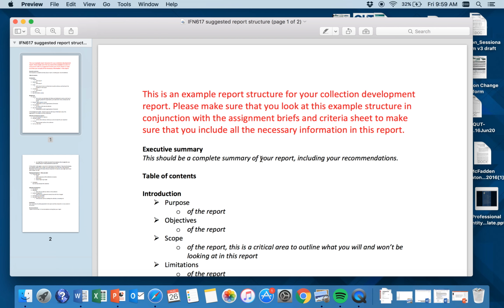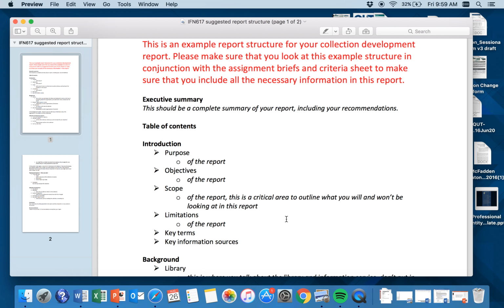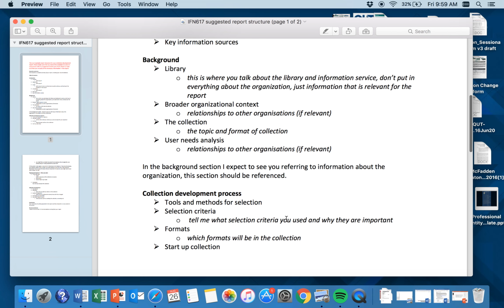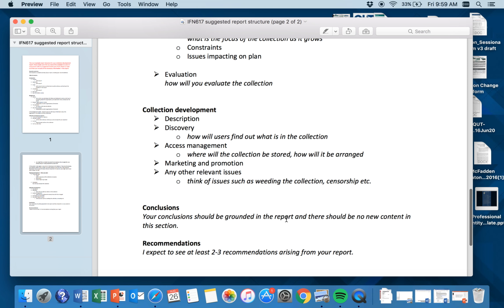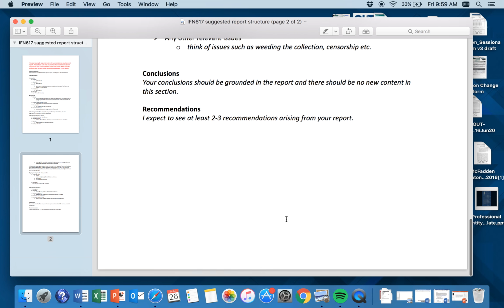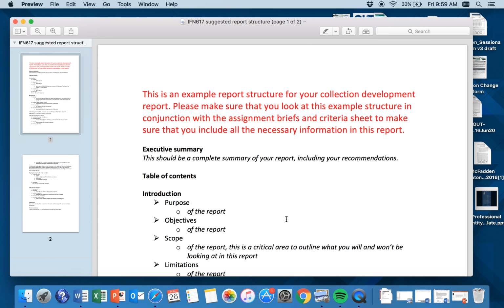They will all have a separate literature review. You no longer need a separate literature review. Instead, you should be using literature throughout your report to justify your selections. So have a look at this. And then if you have any questions about anything in it, I really would urge you to contact me on the Google Plus community to ask me any questions that you have about this assignment.